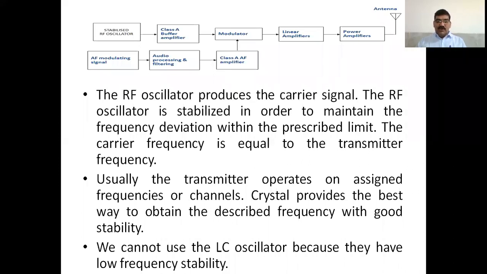In most frequency operations, the crystal oscillator is used as a stable oscillator, so here also the crystal oscillator is used. Next. We cannot use the LC oscillator because it has low frequency stability.